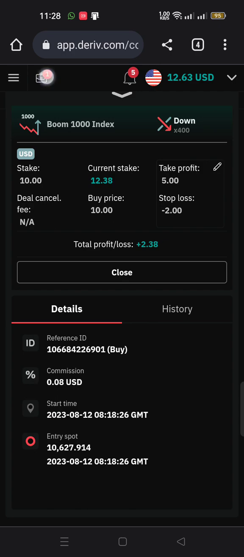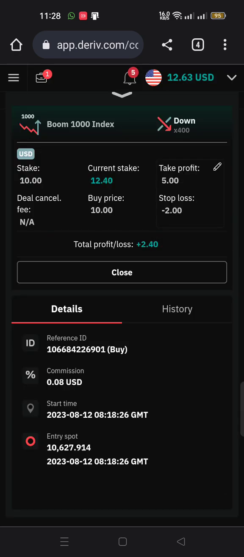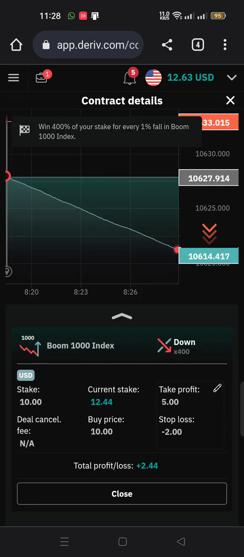Let me click on that bag so that we can see what's happening. You click in the trade itself, somewhere there, so that we go and see the graph. We want to see the graph.